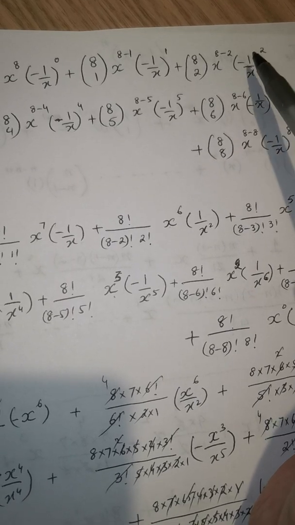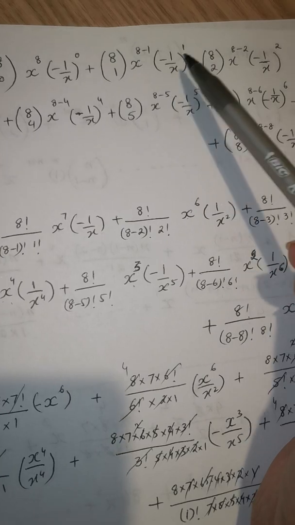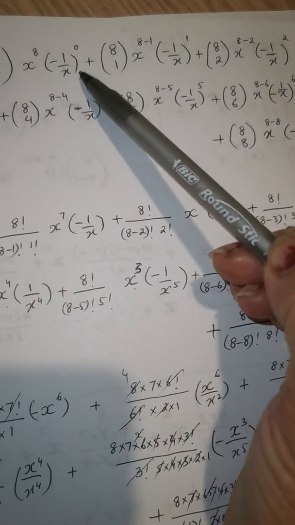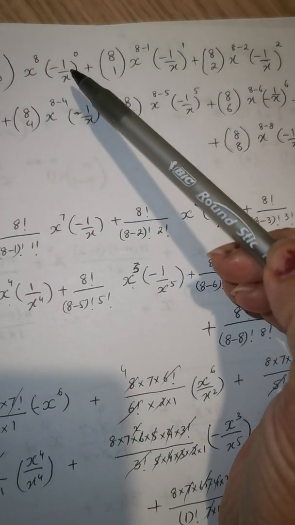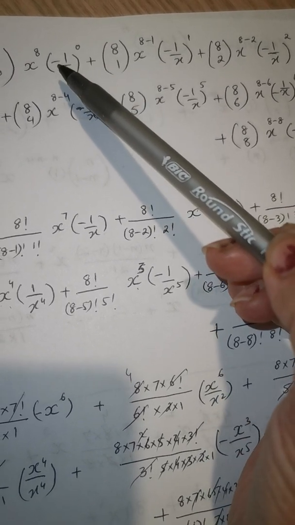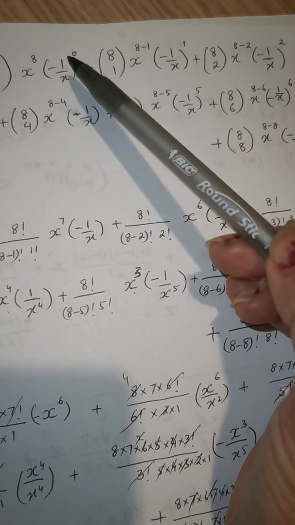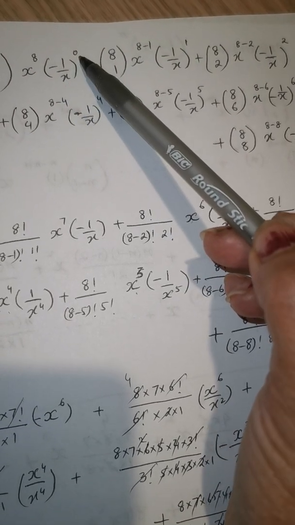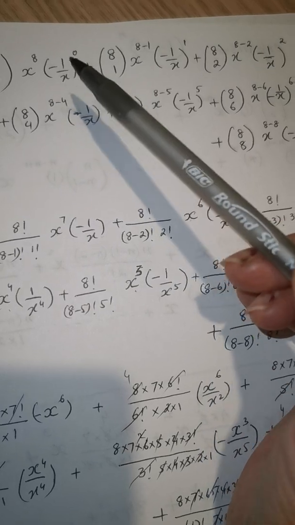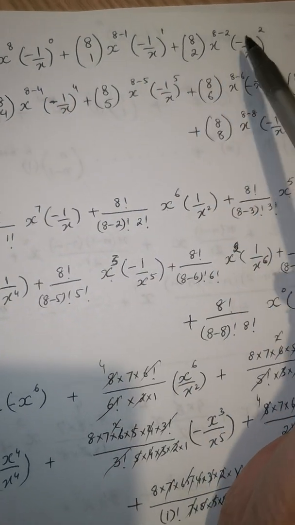Keep in mind, you have to write minus everywhere. Don't omit the minus sign. This is very important, because if the power of the minus sign is an odd number, the sign will be minus, and if the power is an even number, the answer will be plus. So don't omit this minus sign.